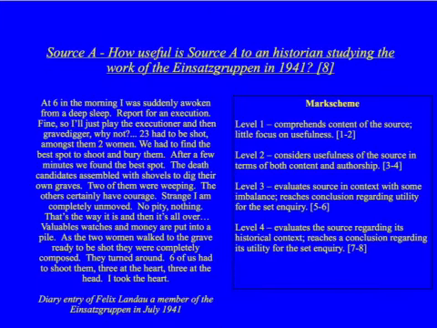Look at the mark scheme. If you copy down words from the source but don't explain how useful it is, you'll get between 1 and 2 marks. If you show that you understand how useful the source is in terms of its content and who wrote it, you'll get 3 to 4 marks.